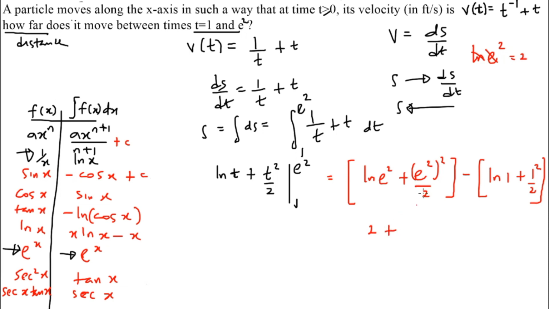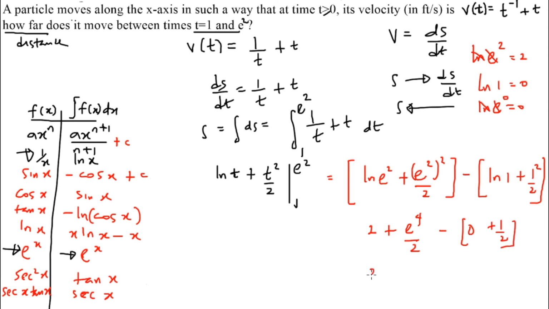Plus exponential 2 squared means exponential 4, then I have it over 2, then minus the ln of 1, which is like having the ln of exponential 0, because anything raised to power 0 is 1, and of course that's 0. If you also press ln 1 on your calculator, you will have 0. Plus 1 over 2.